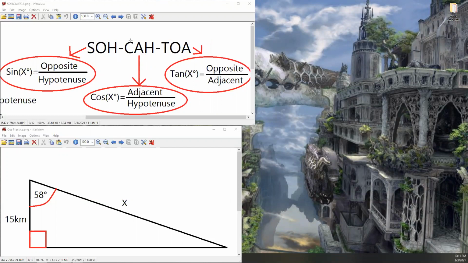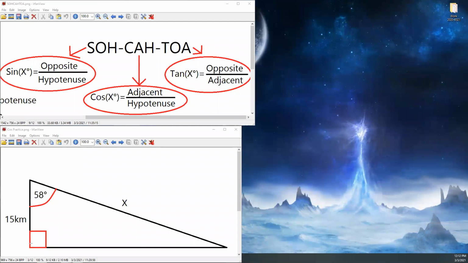That's why and how you're going to use SOH-CAH-TOA all the time. This just sets up your equation. Once you figure out which one of the three it is, sine, cosine, or tangent, you just plug in the numbers. So let's plug in some numbers, right? We're going to use cosine because it's the only one without an O. Our hypotenuse is across from our right angle. I'll draw that line. Remember, this thing right here is an arrow that points at the hypotenuse.